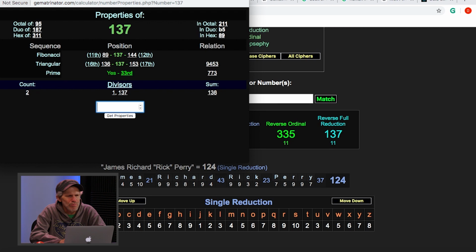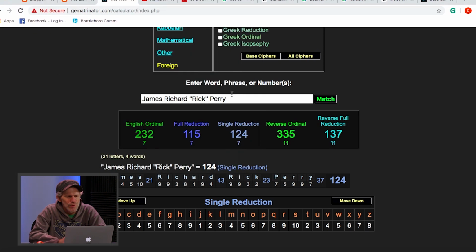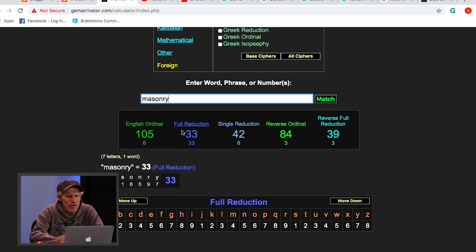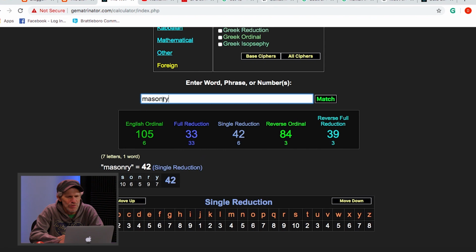And 33 is a big number in this group because we're talking about Gematria, we're talking about Kabbalah, and who practices it. It's Masonry, merged. Masonry and Kabbalah are hand in hand. Masonry, 33.